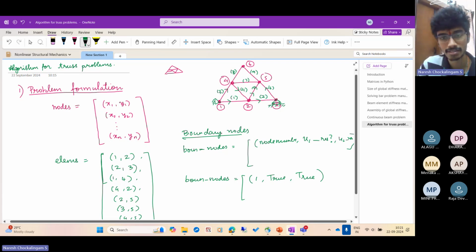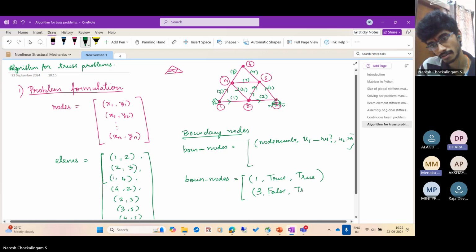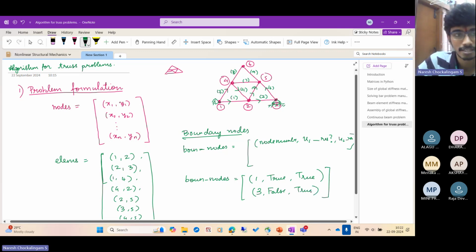Both U1 and U2 are restrained here, and node 3, False, comma, True. Perfect. Very good. So this is how we give the boundary conditions.